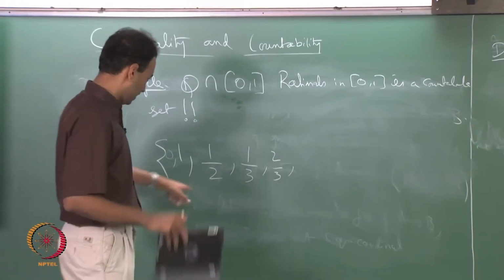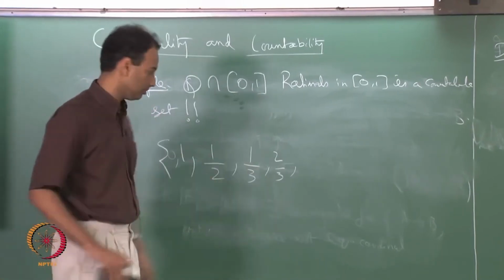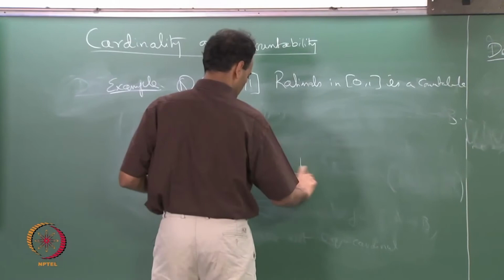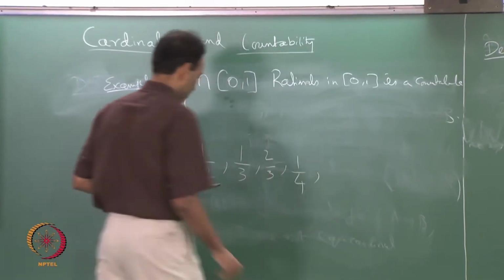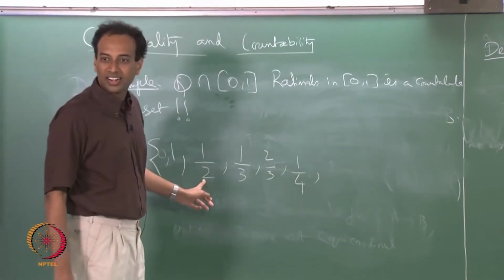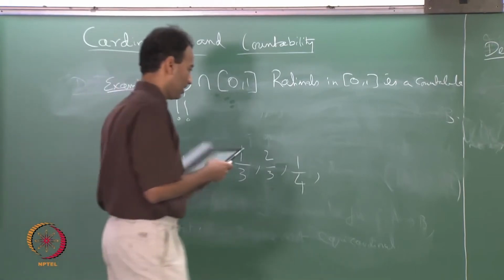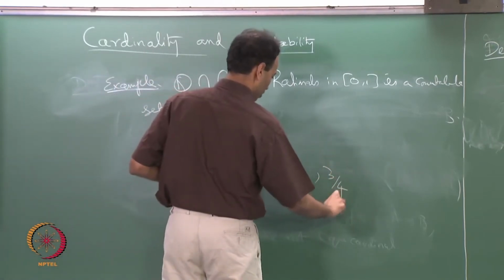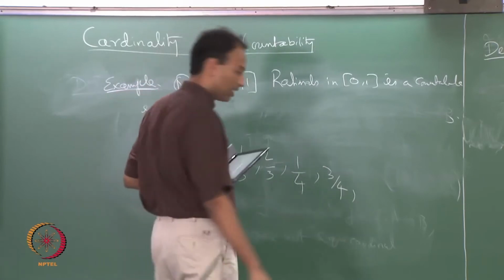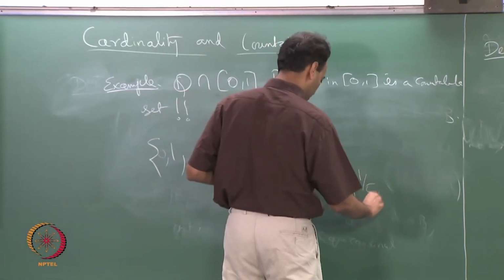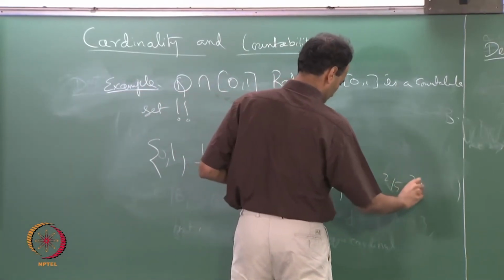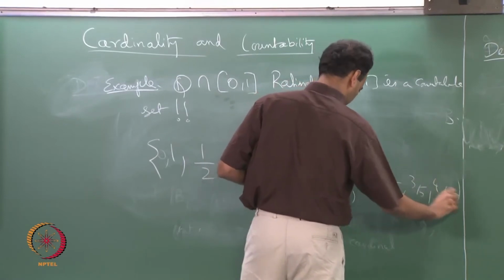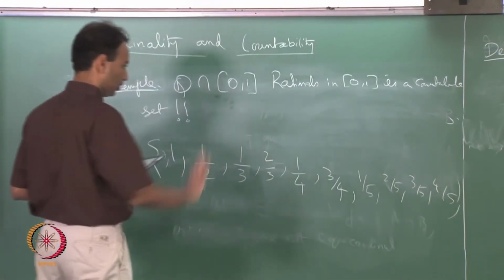I am increasing the denominators, then I do 1 by 4. Now, I do not do 2 by 4 because it is already there, 2 by 4 is half. Then I put 3 by 4, 4 by 4 is already there, 1, and then 1 by 5, 2 by 5, 3 by 5, 4 by 5 and so on and so forth.